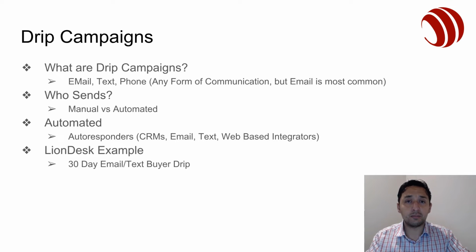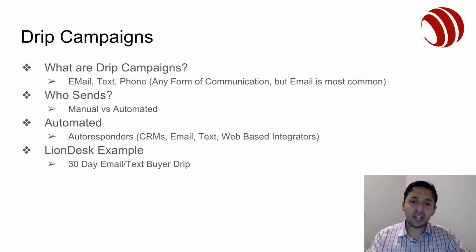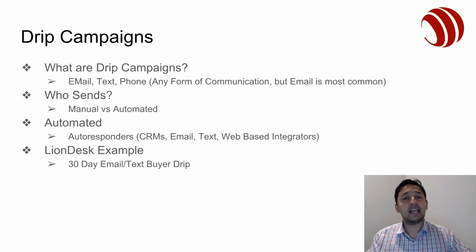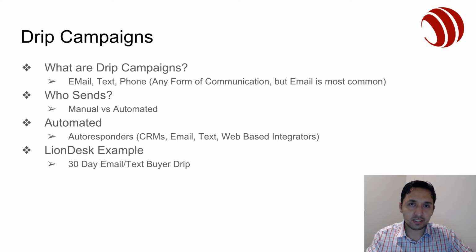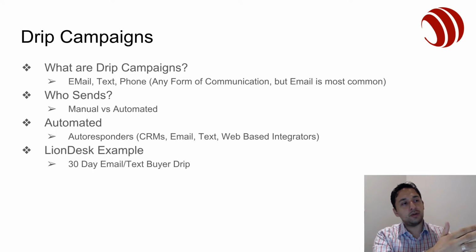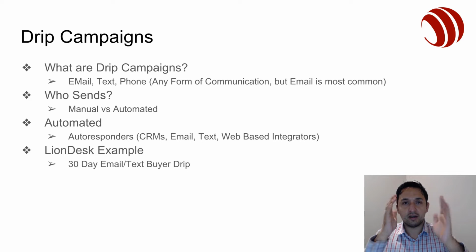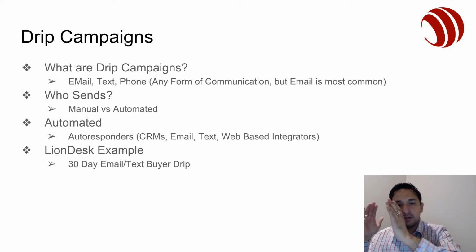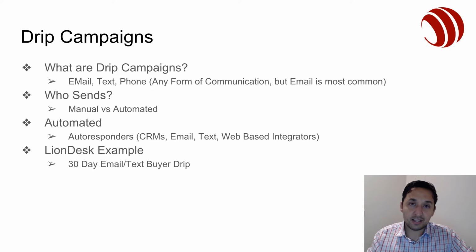LionDesk is a CRM that I use, and the reason that I like it is because it's not very expensive. You're looking at $25 a month. It does email and it does text autoresponding. So I don't need a CRM and then an independent software like Aweber or ActiveCampaign or any email autoresponder and then a text autoresponder on top of that.